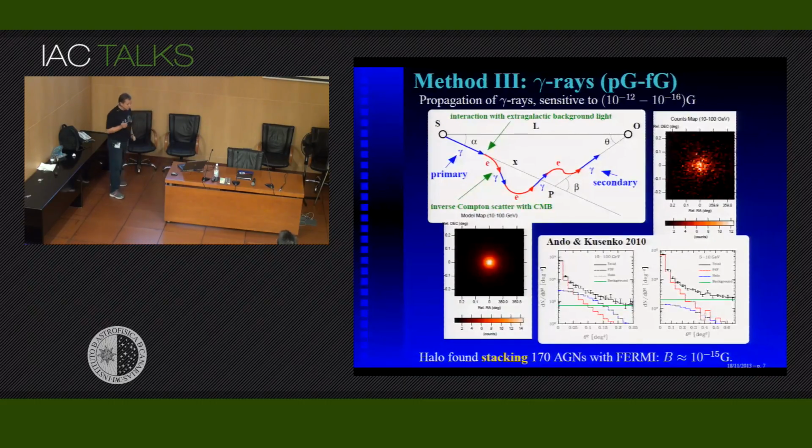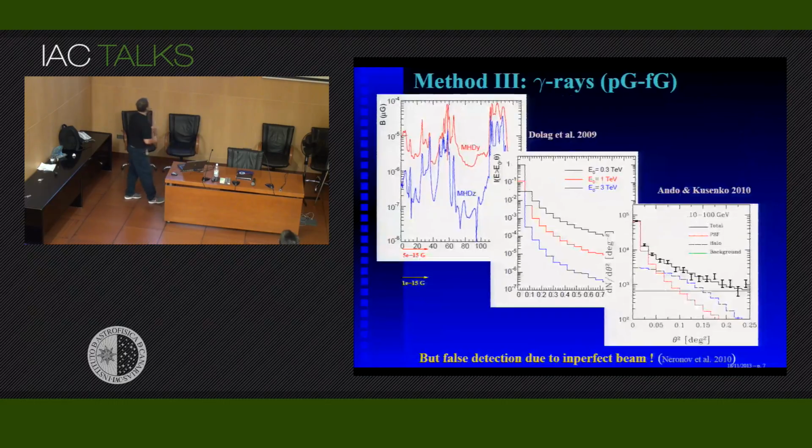If you take that observation seriously, you come up with a mean magnetic field along the lines of sight, so in the voids and so on, of 10 to the minus 15. So if you really detect a halo, that gives you even a number for the magnetic field, not just a limit. You can do that with our simulations.